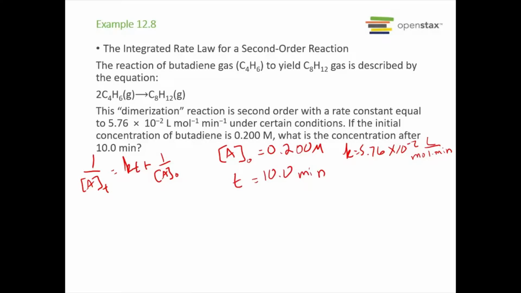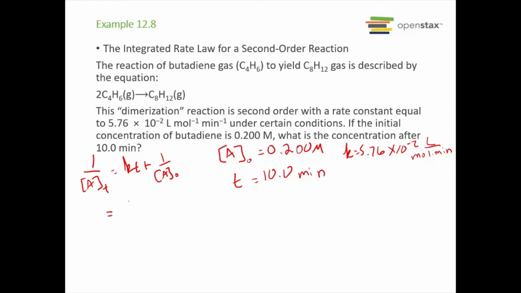So we're solving for [A]t here. We know everything else. We know k, we know t, we know A naught. I like to solve things in terms of variables first. So we can go ahead and just plug in our numbers and then we'll divide everything by 1.